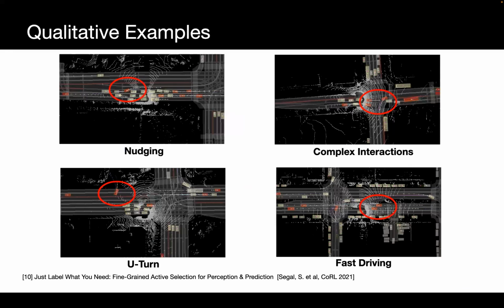This is the kind of thing that the system looks at. It can look at things like, the model is uncertain, or there's something really interesting, maybe nudging, complex interactions, fast driving, U-turns. You don't need to label the hundreds of other vehicles, just focus on the thing that matters, right?